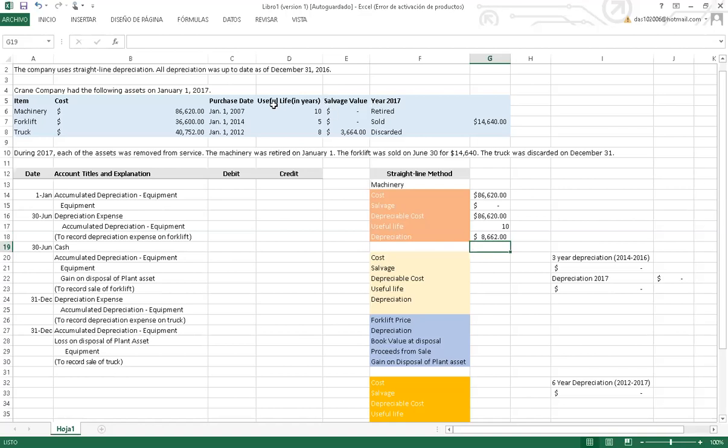So for this particular case, it says that the machinery was purchased in 2007, and the year that this one is being retired is 2017. So it has already passed the 10 years of useful life for this machinery.